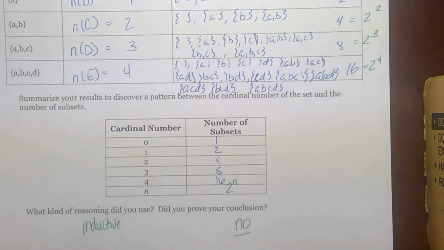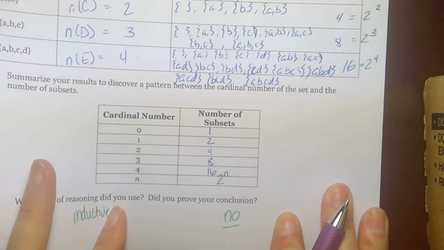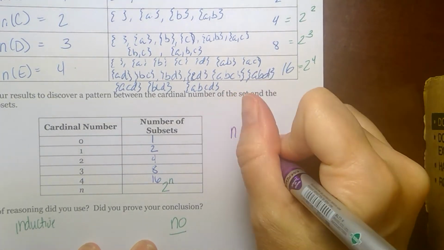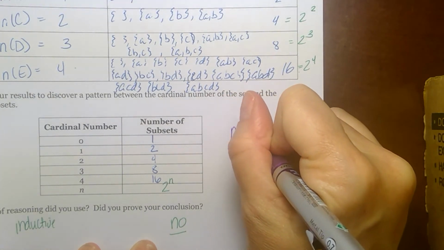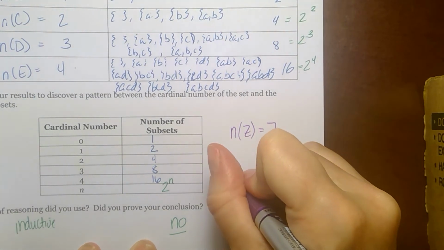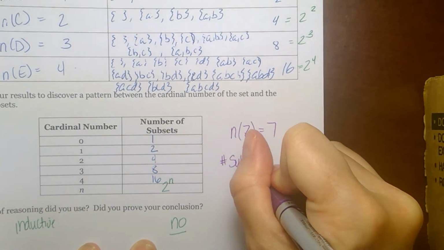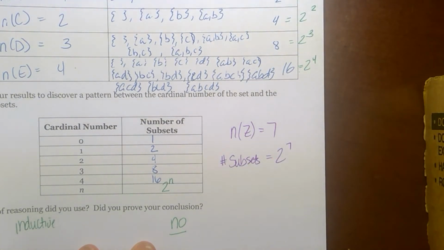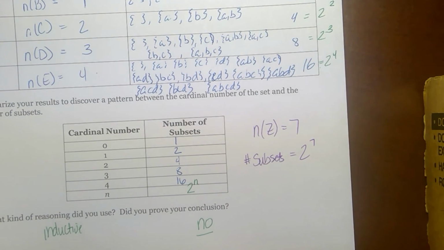So let's think about this. Just to make sure you understand how it works, if the cardinal number of set Z is 7 elements, then the number of subsets would be 2 to the 7th power. And I would have to work that out to figure out how many that was.